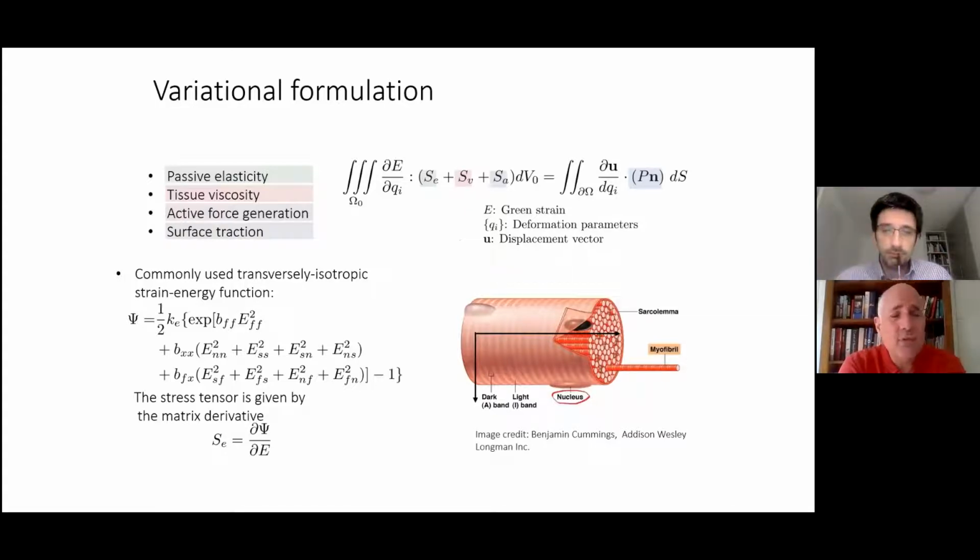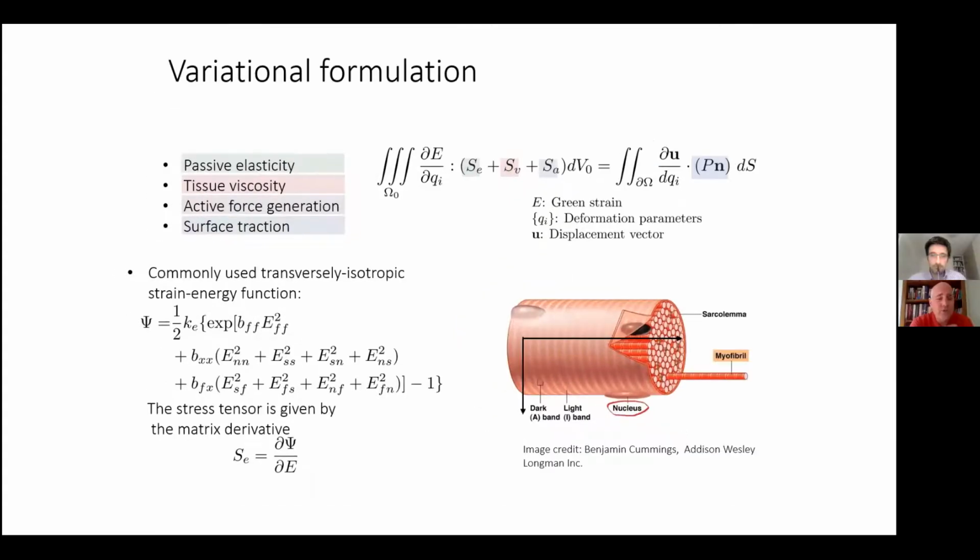This is then substituted into a variational formulation that would be very familiar to most of you, similar to what you would do with a finite element calculation. It is a weak formulation. We do full finite elasticity. We represent the passive elasticity along with a helical arrangement of fibers.